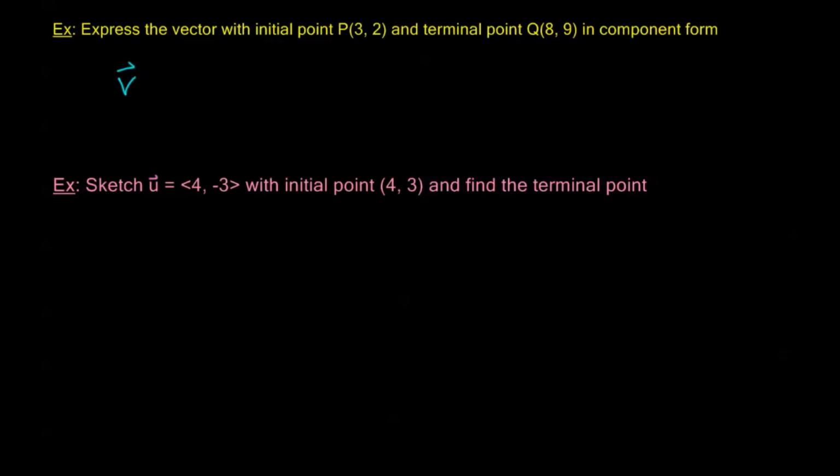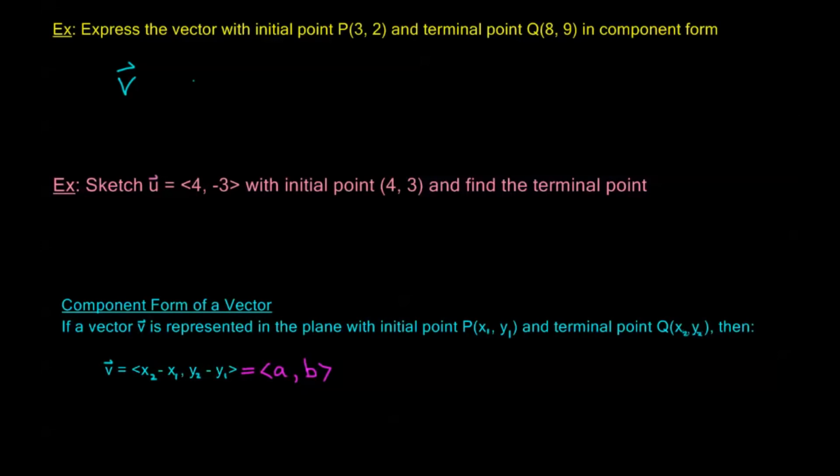Now by what we had before, the component form of this vector v is going to be x2 minus x1, where x2 is the x value in my terminal point. So here my horizontal component is 8 minus 3. And I'm going to look at y2 minus y1, where y2 comes from my terminal point, y1 comes from my initial point, so that's 9 minus 2.